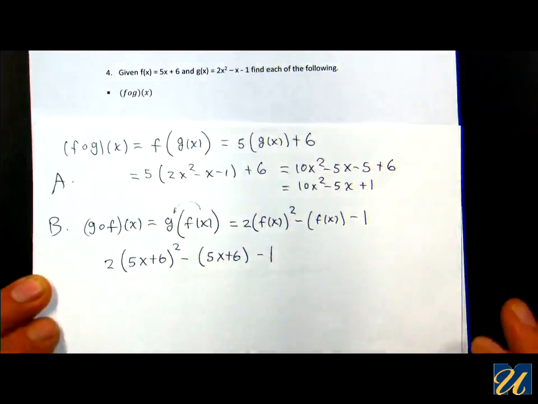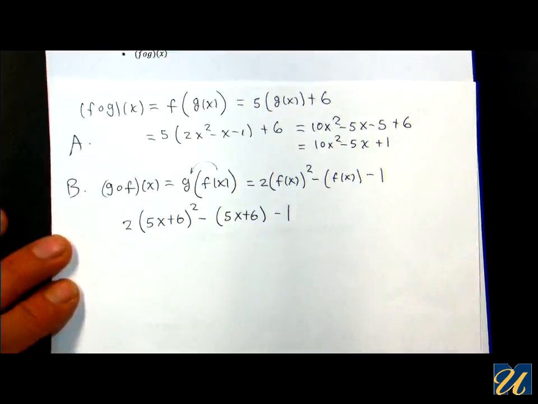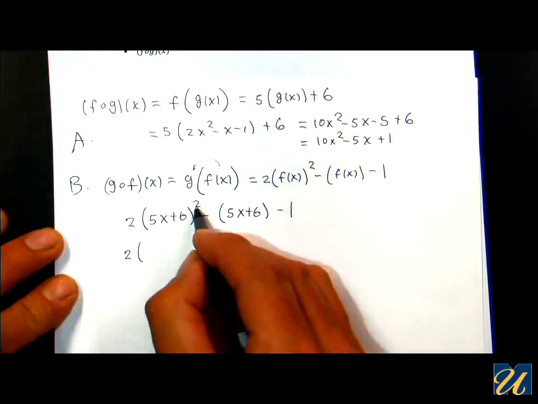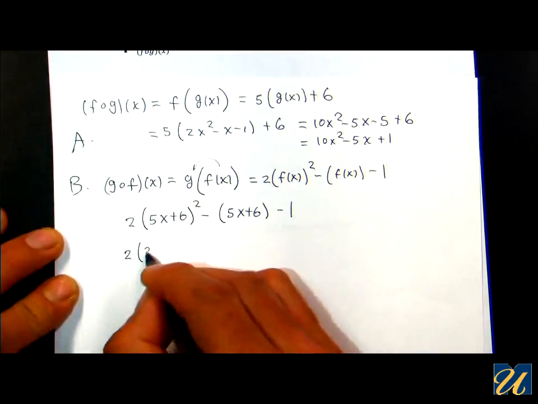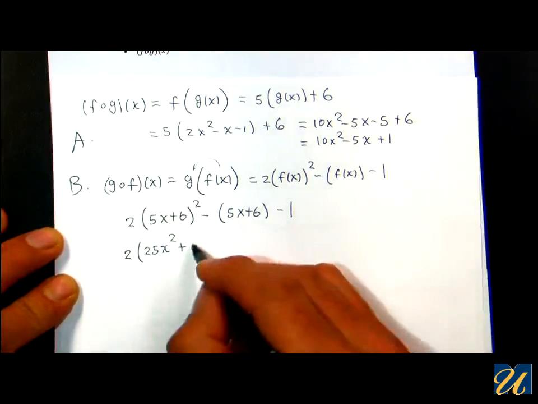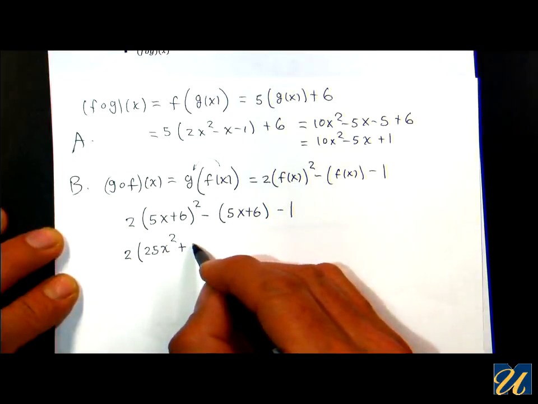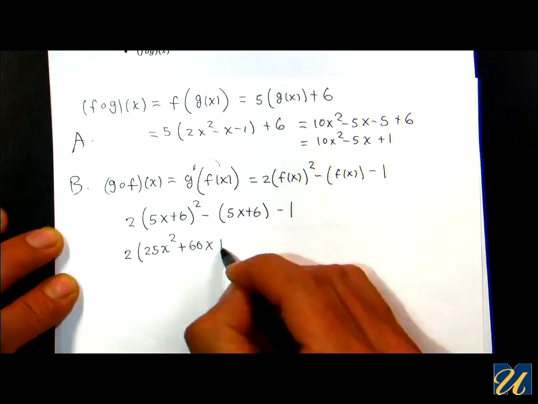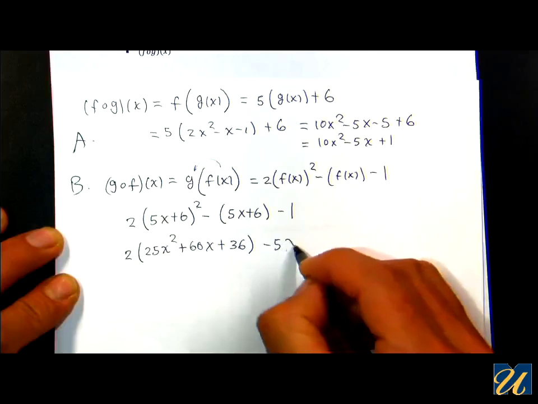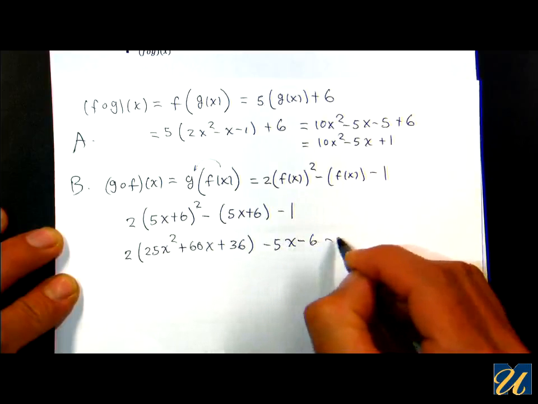And we can work that out a little bit and simplify if we wish. We'd have to square this out right here, so we'll do that very quickly. 25x squared plus 60x plus 36, distribute the negative sign.